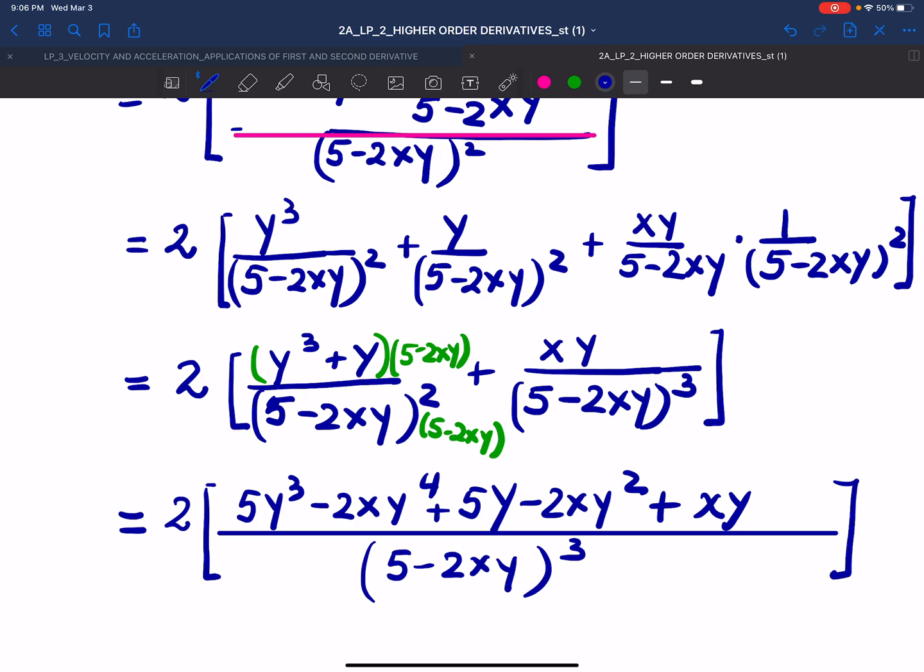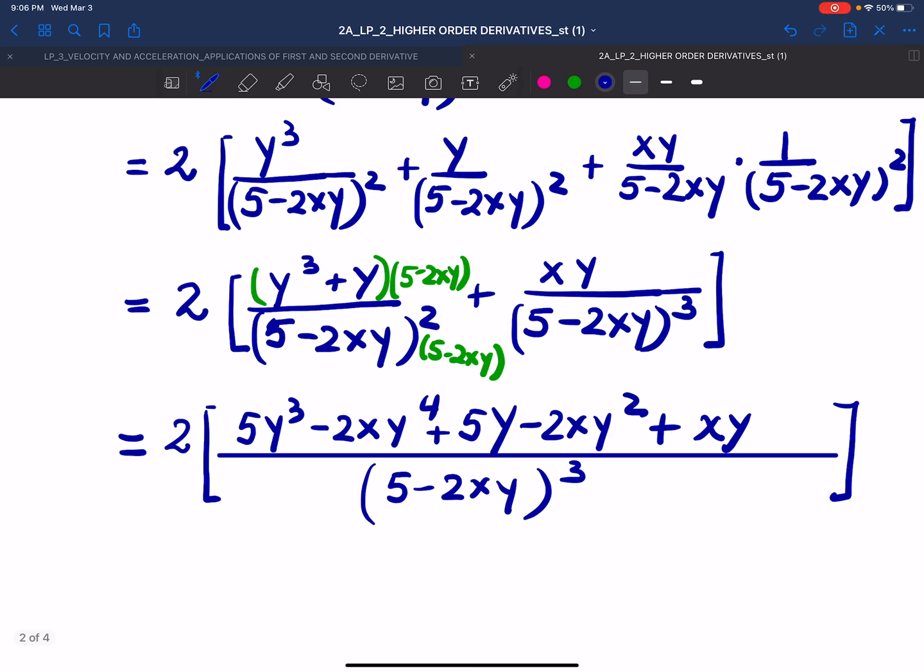As you can see, we don't have any like terms in here. We do have a y in common, right here, which we may take out.